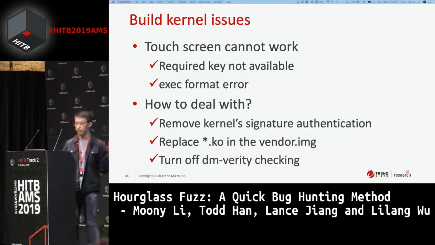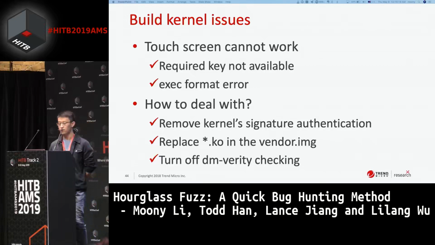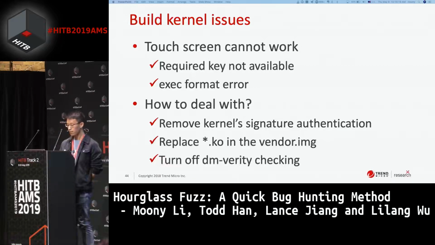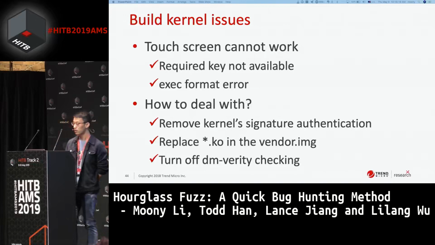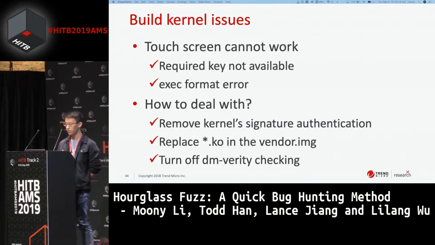That is to say, AOSP does not generate the vendor.img file, but uses the default vendor.img provided by Google. So the replaced ko files are not packaged into the vendor.img, so the touch screen does not work.